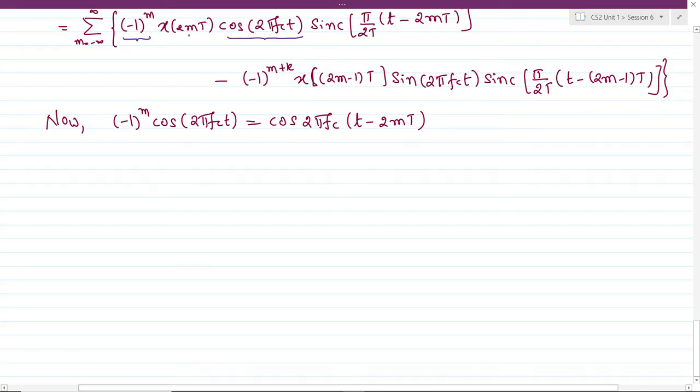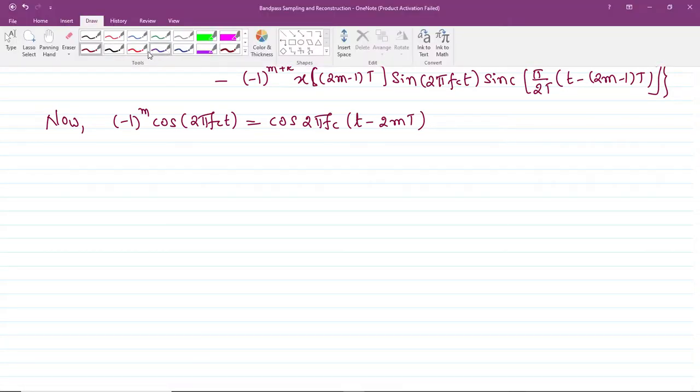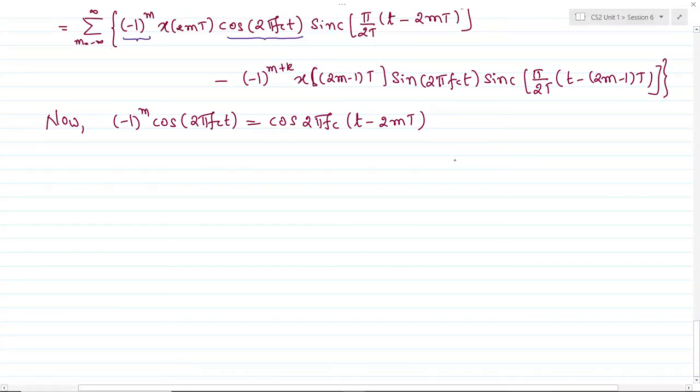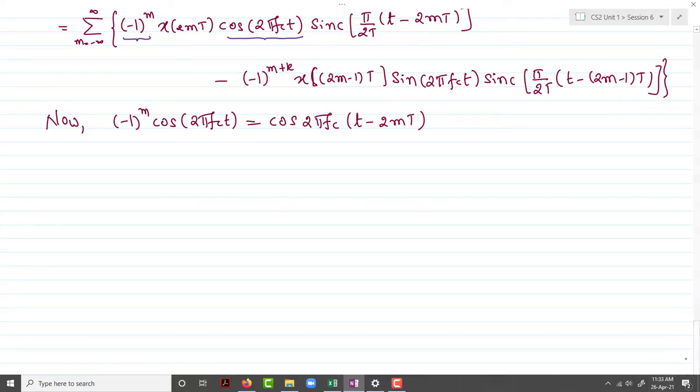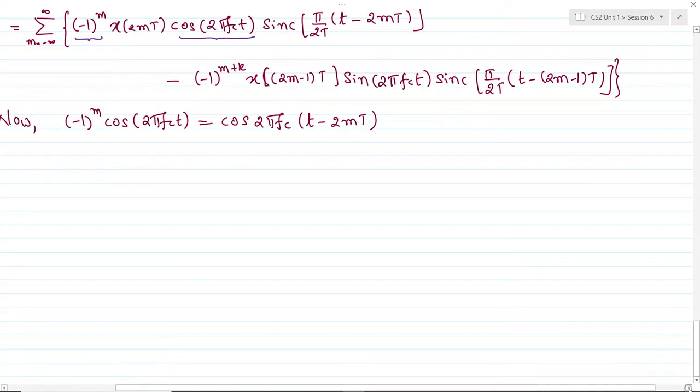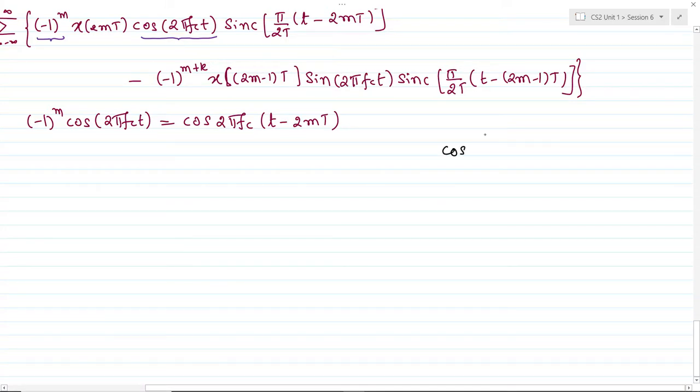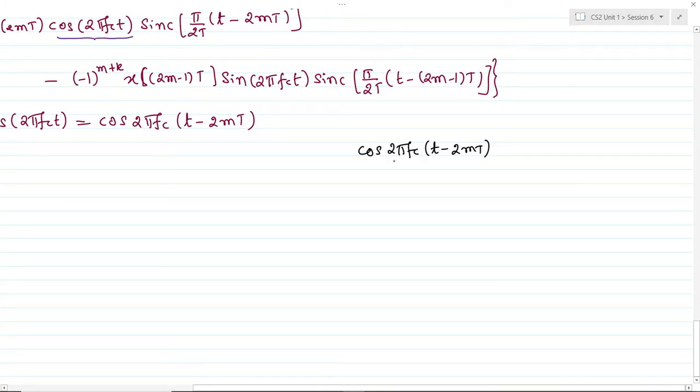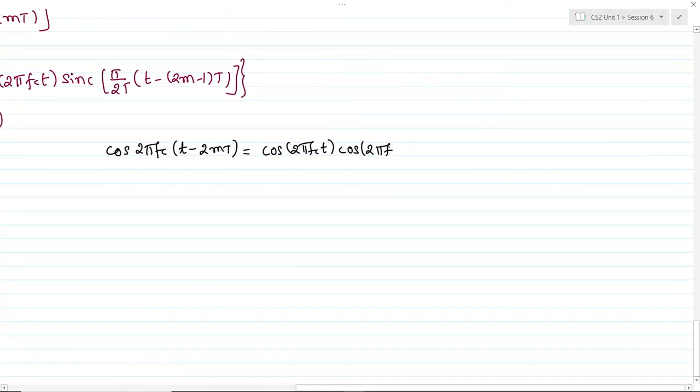If you consider cos of 2 pi fc times t minus 2mt, it can be expanded as cos a cos b, which is cos 2 pi fct times cos 2 pi fc times 2mt, plus sin a, which is sin 2 pi fct, times sin b, which is sin 2 pi fc times 2mt.